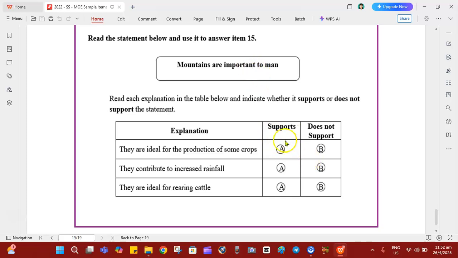Does that support it? Of course it does. Man would have to plant the crops and we eat from the crops. Second: they contribute to increased rainfall. Of course, the higher you go, the more rainfall. Third: they are ideal for rearing cattle. Not suggested in the statement, not backed by the statement, so that would be does not support.